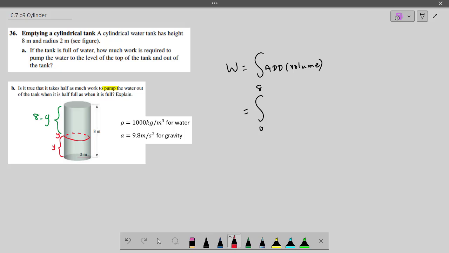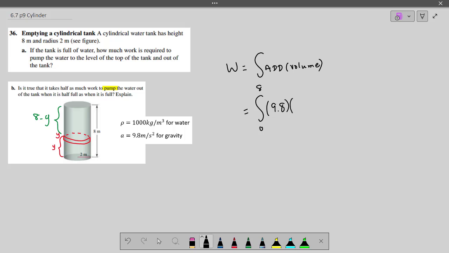If we want to turn this representative cross-section into a slice, we have to add dy to it, right? I say add, you know what I mean, multiply by dy, the area of that cross-section times dy gives us the volume of a slice. Okay? So, acceleration due to gravity, 9.8.